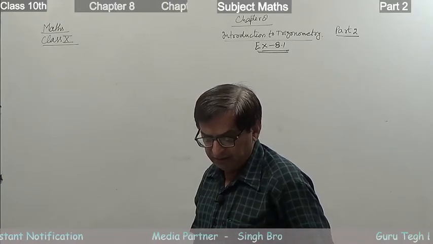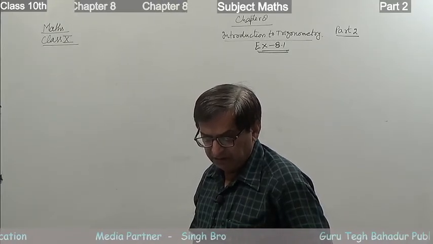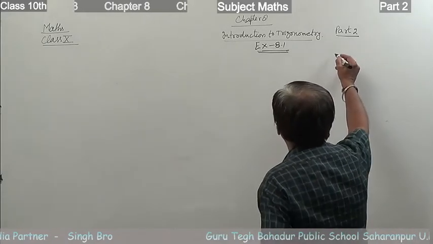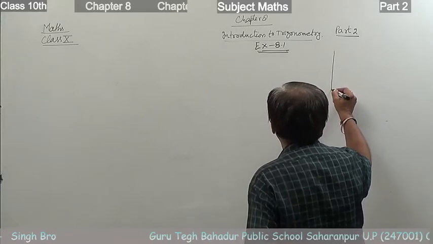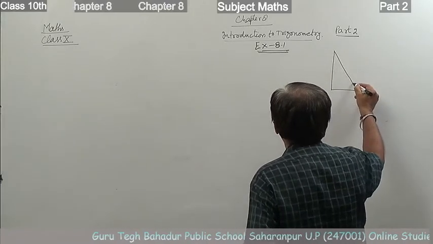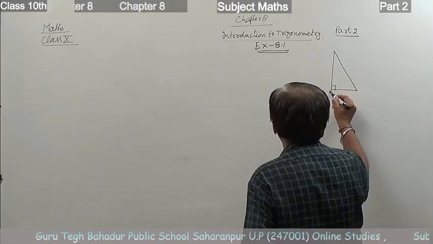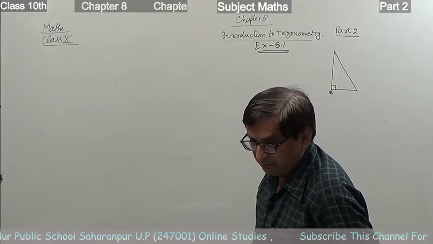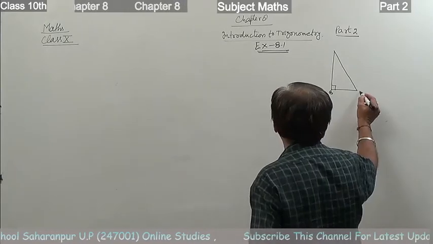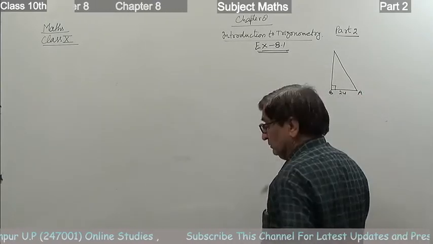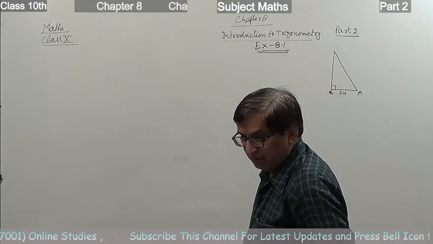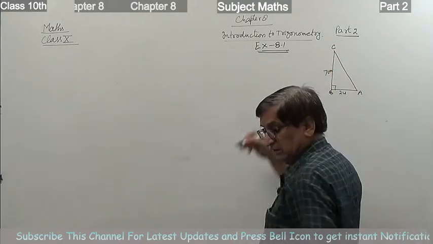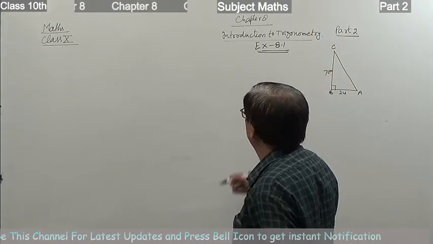Determine sin A, cos A, sin C, cos C. So given to you a right triangle, angle B is 90 degree, AB is 24, BC is 7 centimeter. Find sin A.